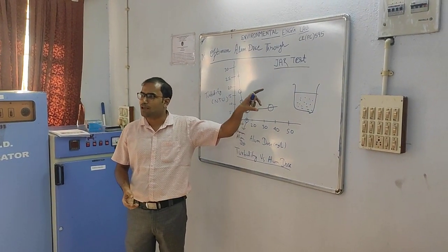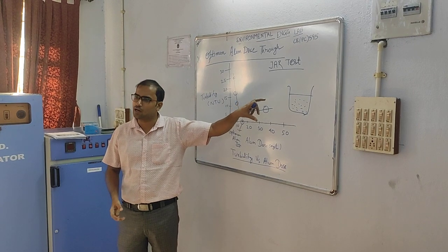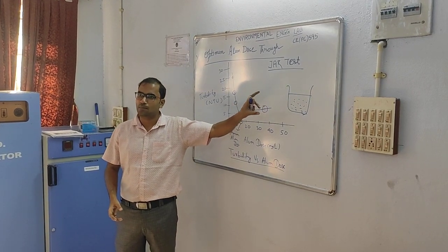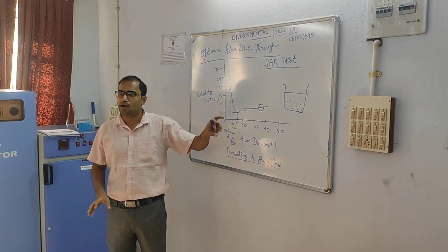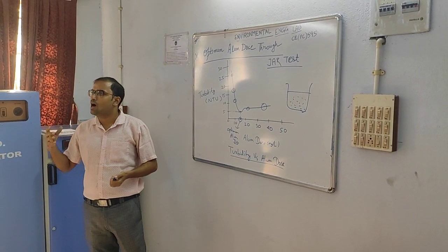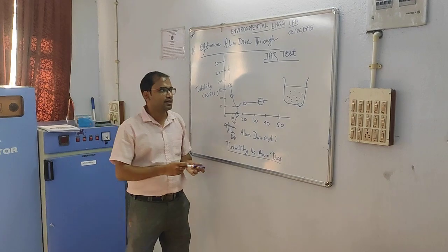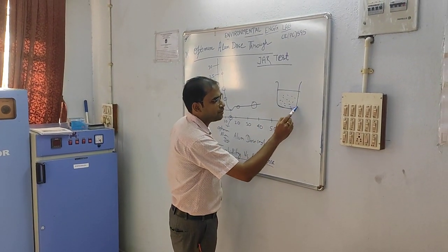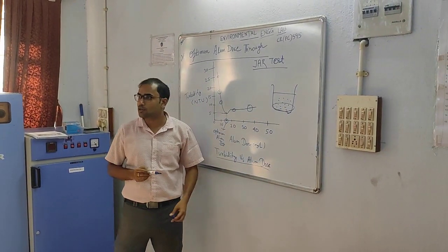This type of sedimentation we can do normally with the plain sedimentation process, where you put the water sample for a certain time, and after that you can see a certain amount of impurities settle down in the water.